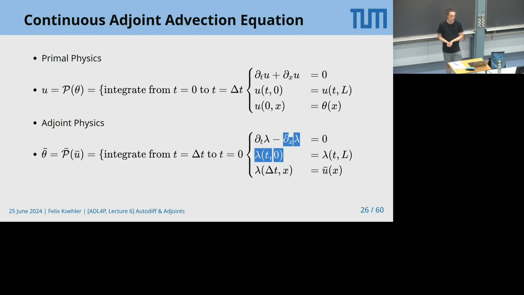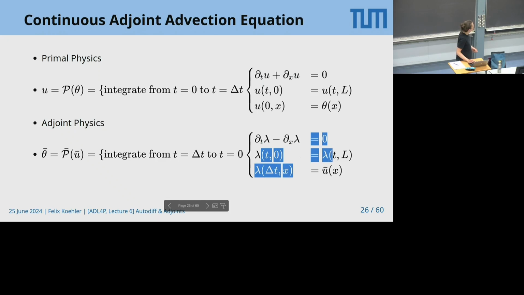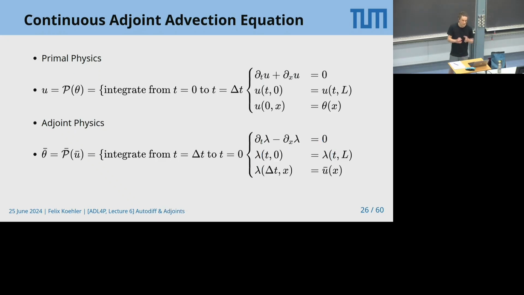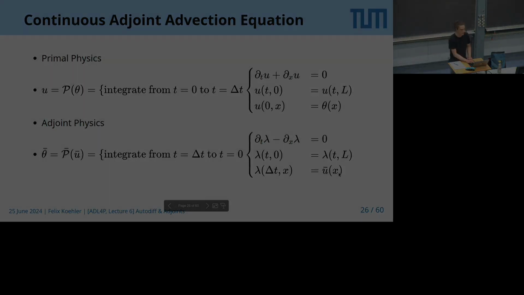Here I also very simplistically chose periodic boundary conditions because they make it easier. But again, you can find this library of functions, if you will, and then you can do Autodiff at this very highest level. This should be a good point to take a 5 minute break, and then we will continue with the second part of the lecture.